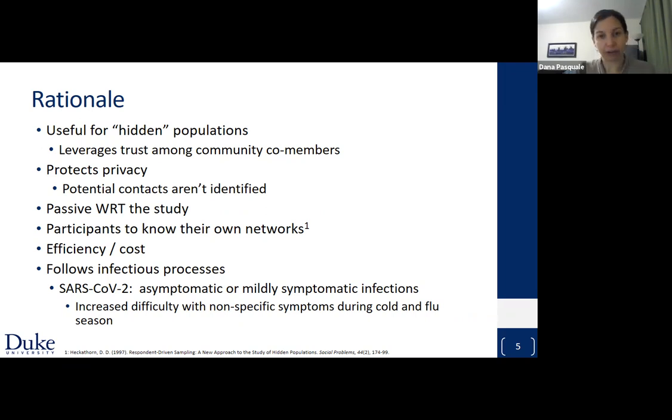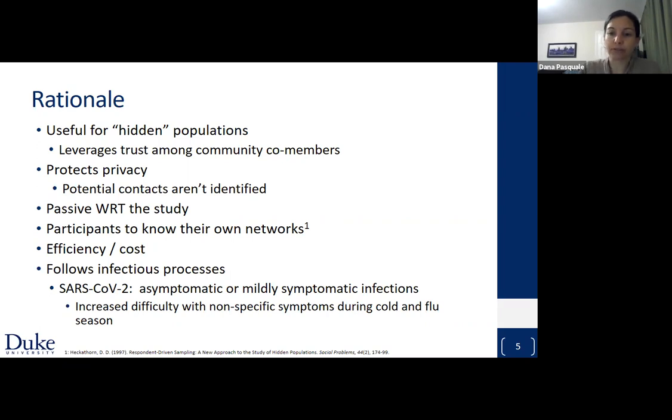It can also help when the outcome or infection is rare because sometimes there's a community of people who organize around having the condition. Link tracing also protects privacy when it's done correctly. So potential contacts aren't identified by enrolled study participants. Instead, the recruitment is passive with respect to the study, and study members actively recruit contacts who aren't identified ahead of time to the researchers.